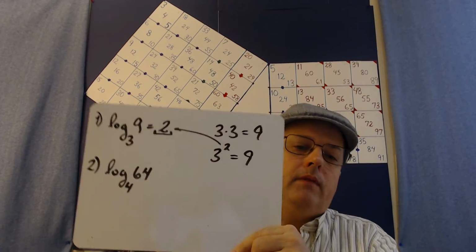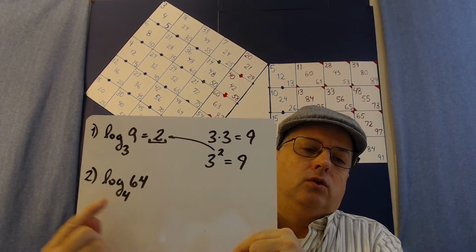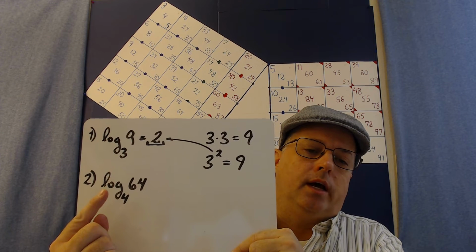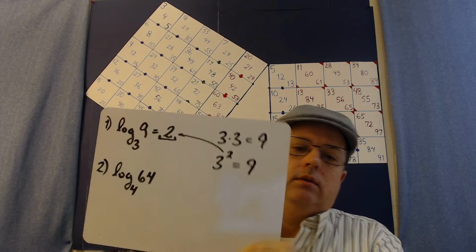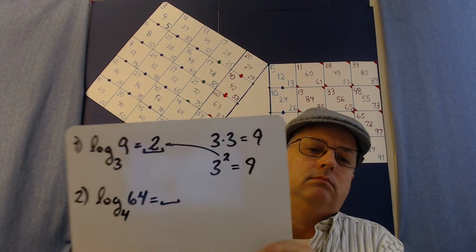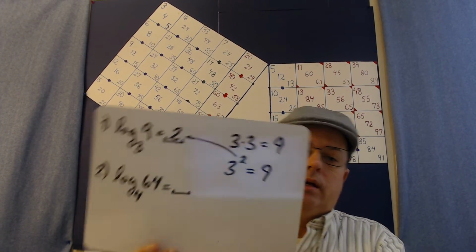Okay, another example. If we have log base 4 of 64. When you see a question like this, log base 4 of 64, the thing you want to do is put an equals and a blank beside it. And then turn the statement around.